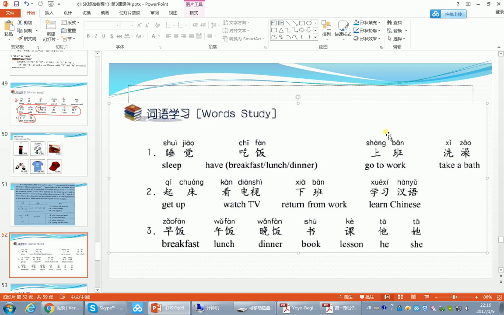You what time go to work, 你几点上班. You what time take a bus, 你几点洗澡. You what time get up, 你几点起床. You what time watch TV, 你几点看电视. You what time return from work, 你几点下班. You what time learn Chinese, 你几点学习汉语.